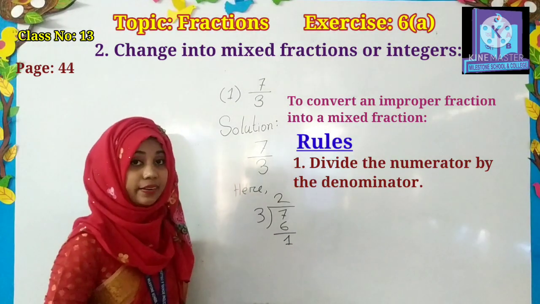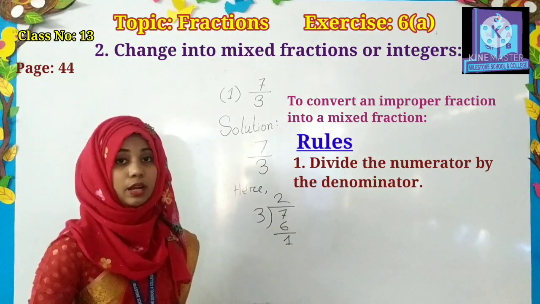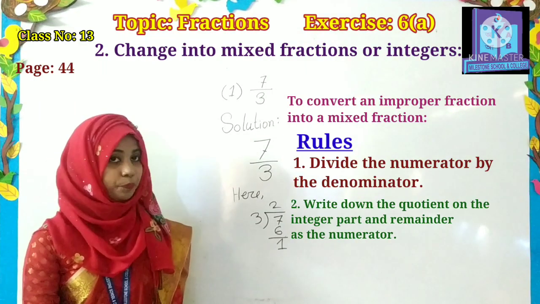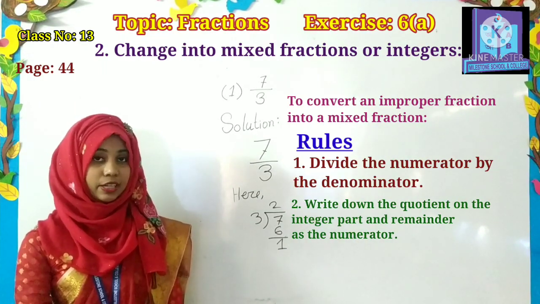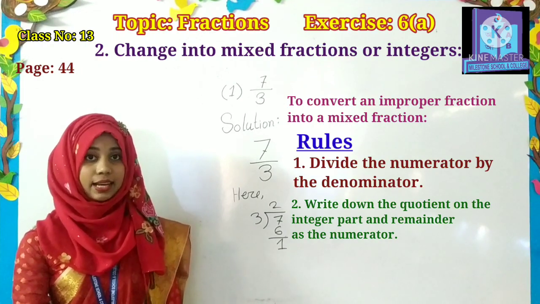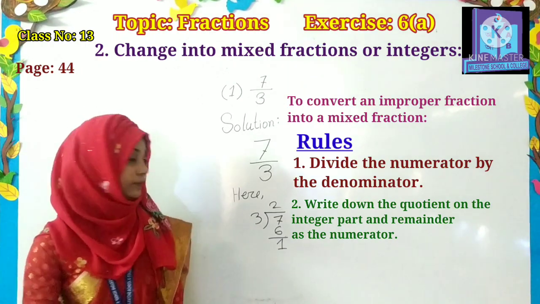And our remainder is 1. Rules number 2. Write down the quotient on the integer part and remainder as the numerator.